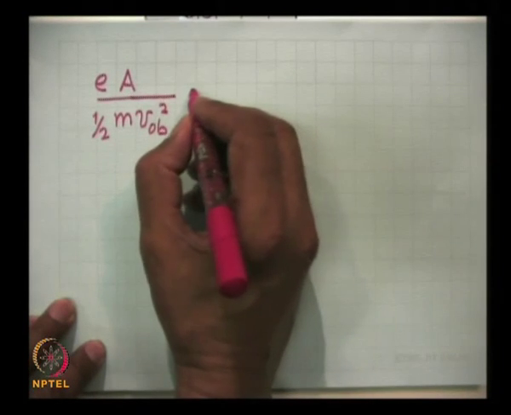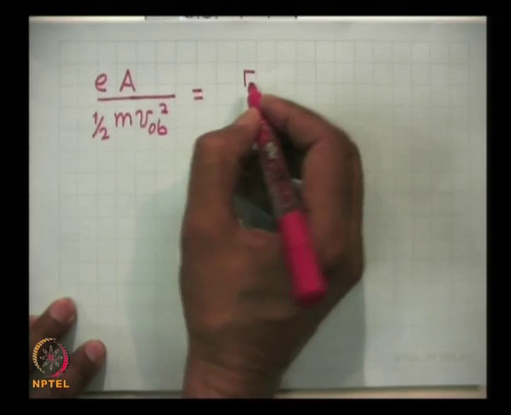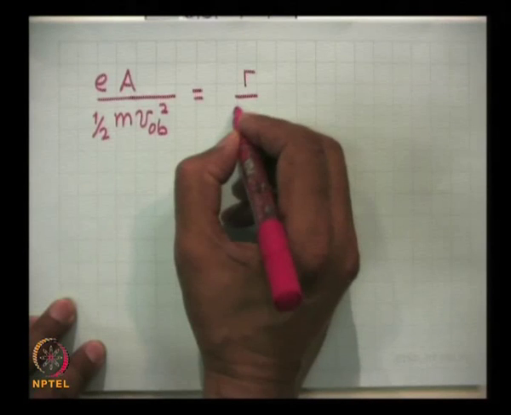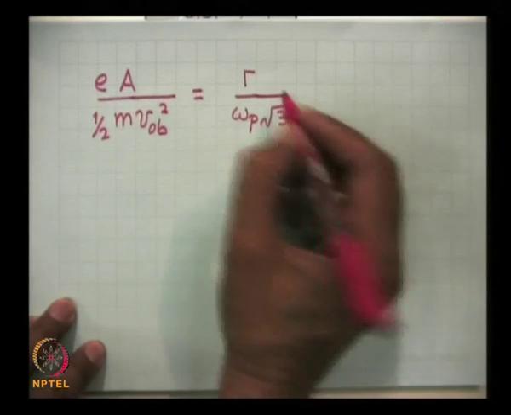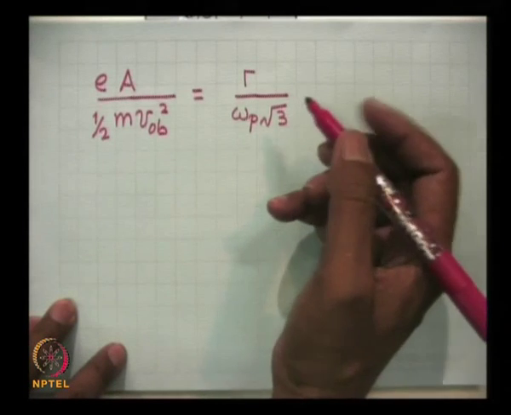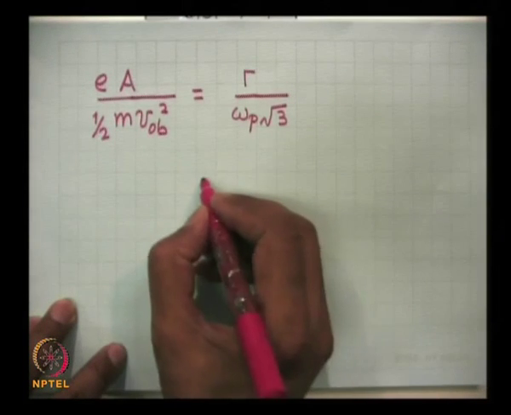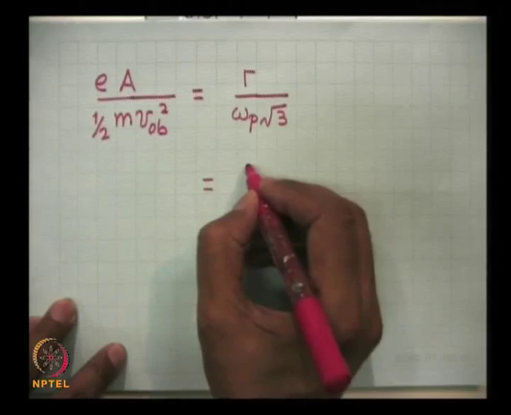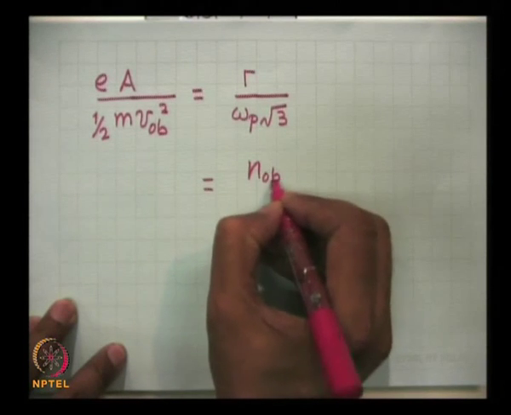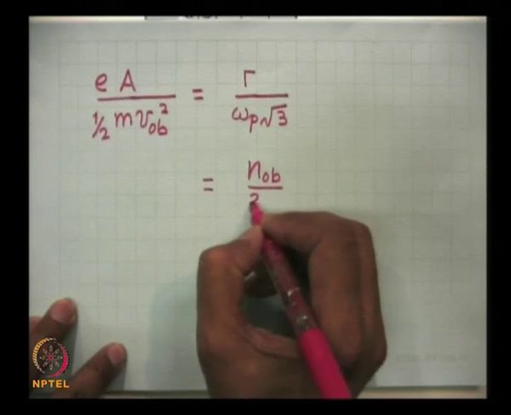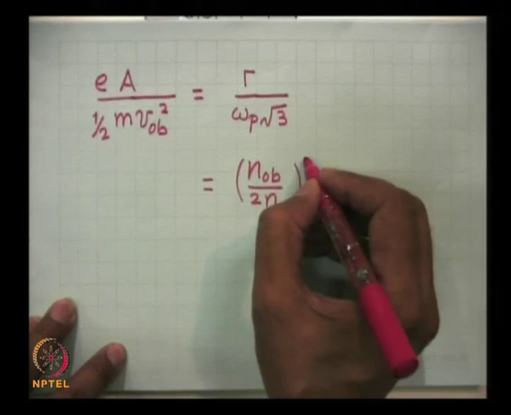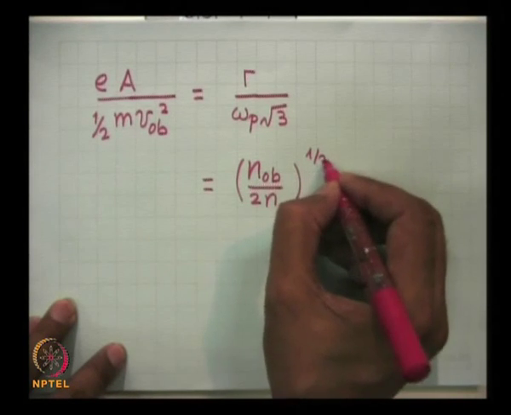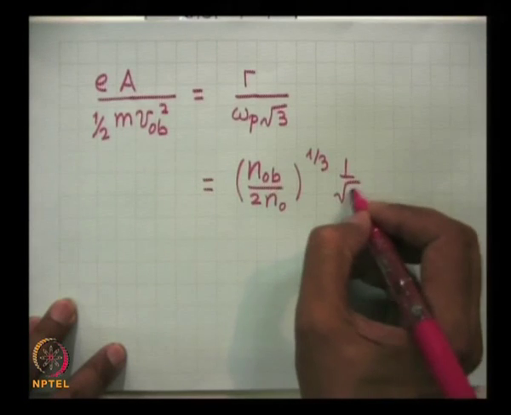This becomes equal to gamma upon omega_p root 3. And if I put the value of growth rate gamma, it turns out to be beam density upon 2 times the electron density to the power 1/3, into 1 upon root 3.